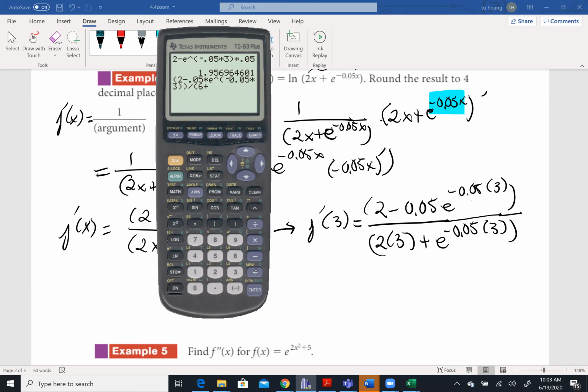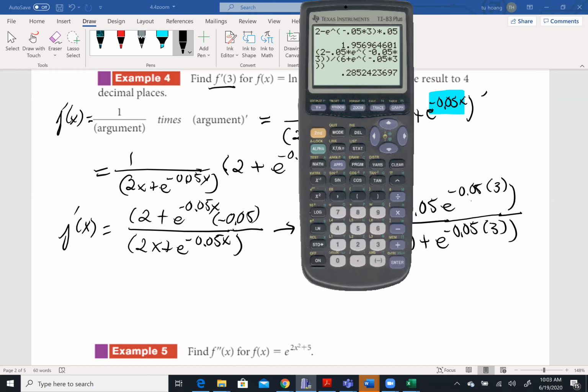And then I plus e to the power, with parentheses, negative 0.05 and 3, and then close the parenthesis. So I'm going to have 0.28524.